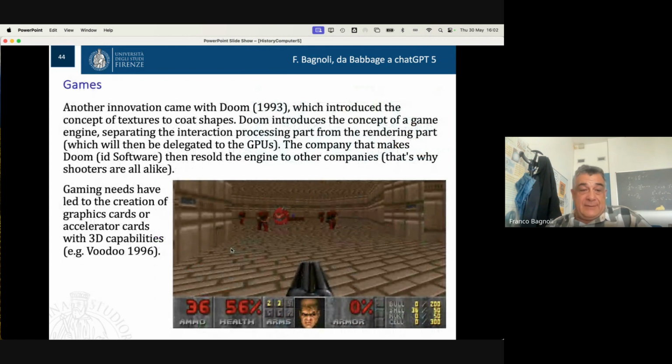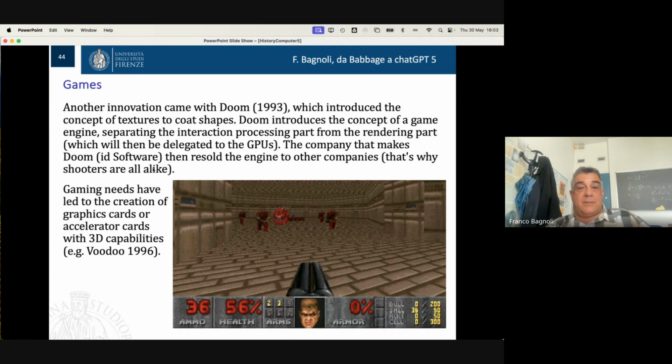And the other source of improvement, and actually the real improvement in the last period, comes from games, because first of all, games needed to find a way of representing something with sufficient graphical rendering on low hardware.